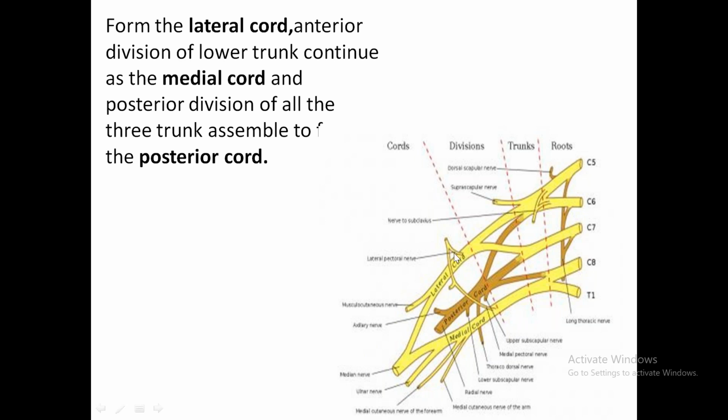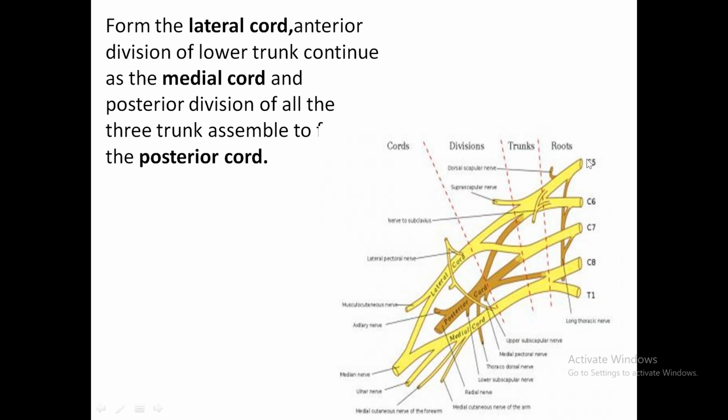The anterior division of the upper and middle trunk unite to form the lateral cord, and anterior division of the lower trunk forms the medial cord, and posterior division of the three trunks unite to form the posterior cord of the brachial plexus. Brachial plexus has roots, trunk, division and cord.